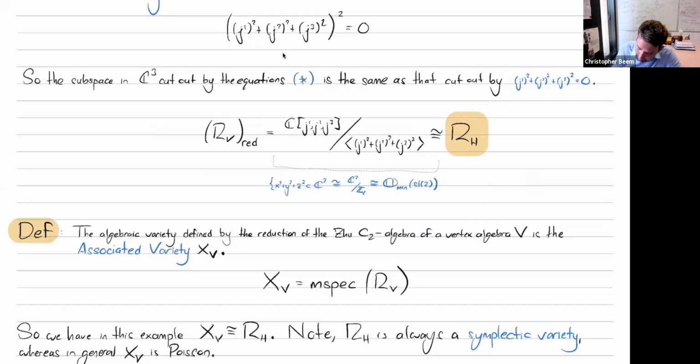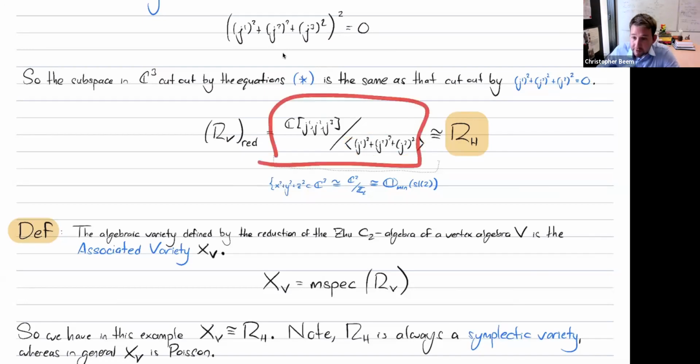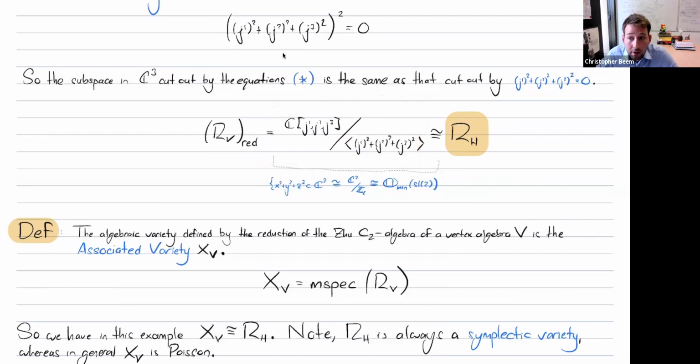And so if I take that C2 algebra and I reduce it, meaning throw away everything which is nilpotent, then I get a slightly simpler looking thing, which is the ring generated by J1, J2, J3 with just this quadratic relation. And it happens to be a fact that that thing is exactly the Higgs branch chiral ring of my four-dimensional theory.